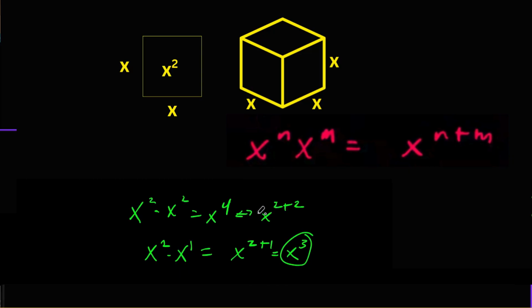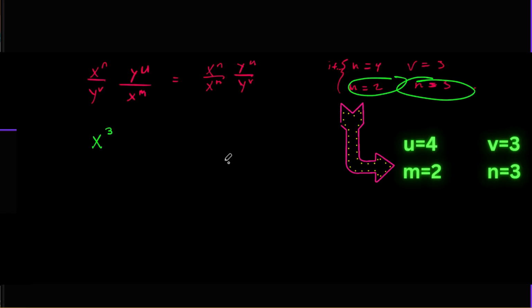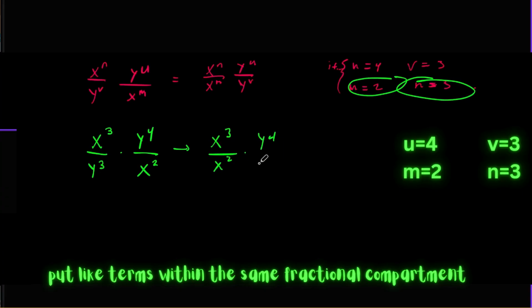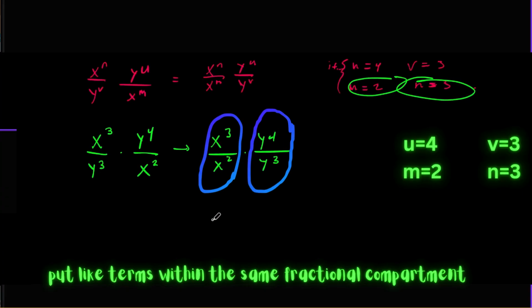Up above, we've got x, let's see, 3, 2. Just like the ABCD problem, it doesn't matter which ones you put over what. Multiplication and division is associative. So we're just going to go ahead and write this as x cubed over x squared, and then times y to the fourth over y cubed.